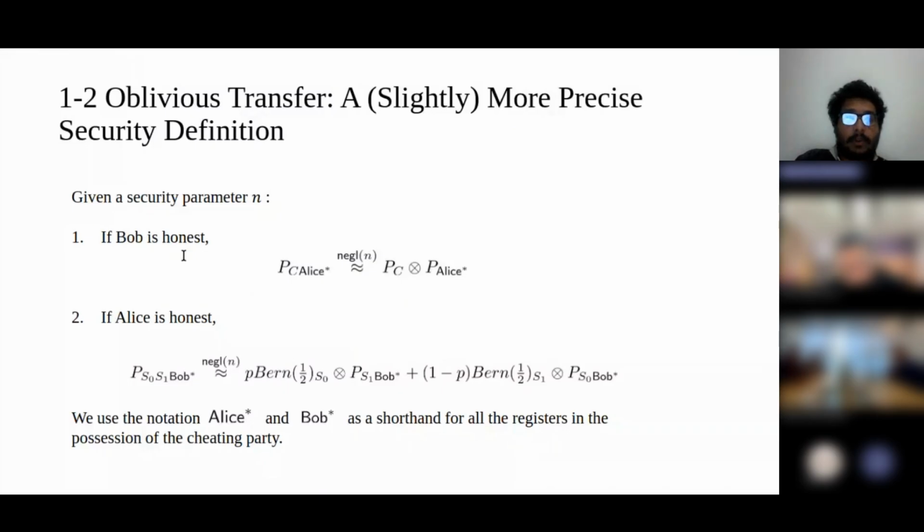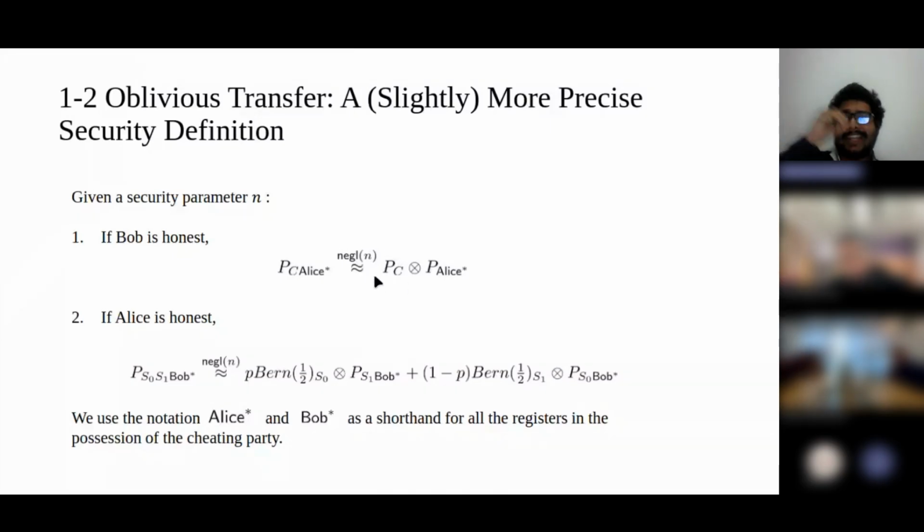Bob's security is defined as follows: the joint distribution between Bob's choice bit and whatever else Alice has, like the entire transcript of the protocol or some quantum state that Alice holds, is negligibly close, negligible in n, to a completely tensor distribution.